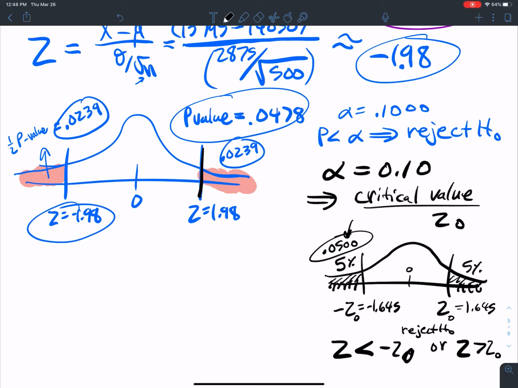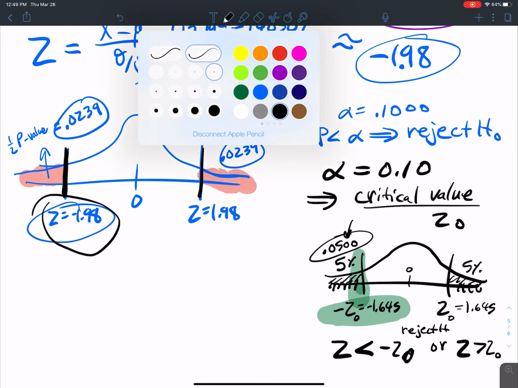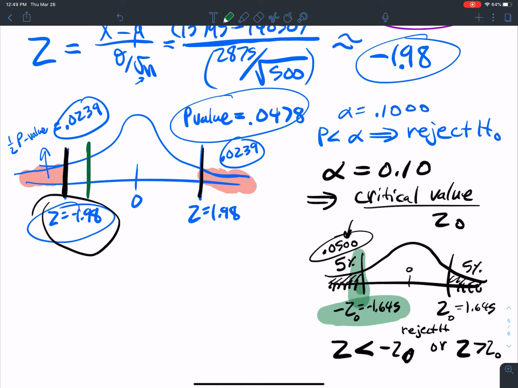So when I look at this z-score that I've been given here, how does that relate to my critical value here? This is a z naught of negative 1.645. So anything to the left here gets rejected.